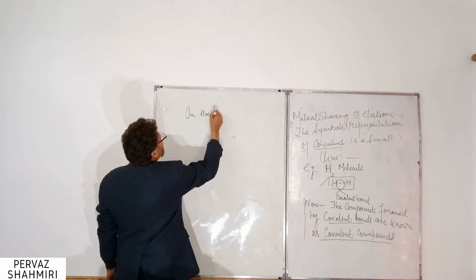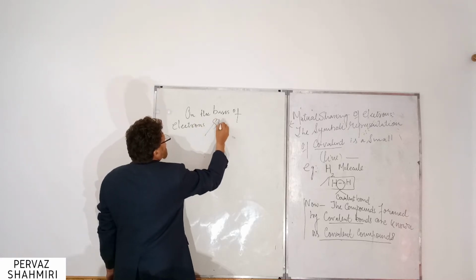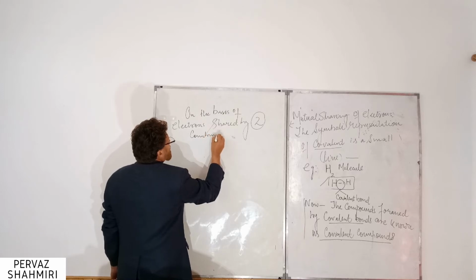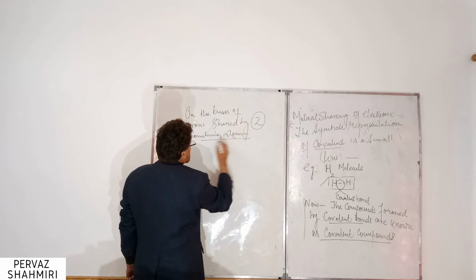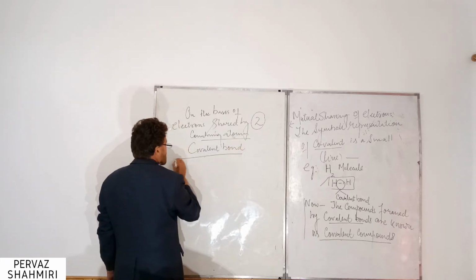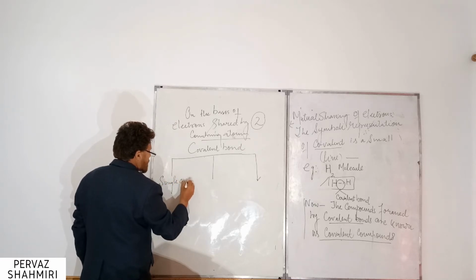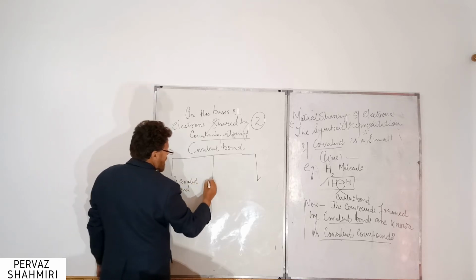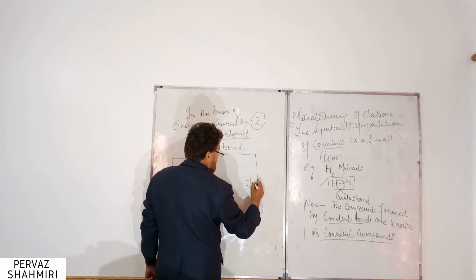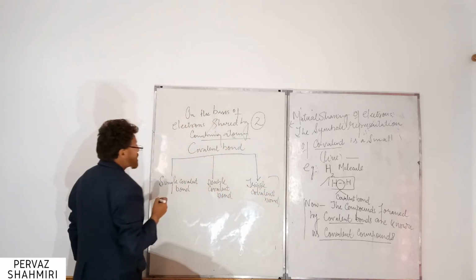On the basis of electrons shared by two combining atoms, covalent bond has three types, and these three types are single covalent bond, double covalent bond, triple covalent bond. These are the three types of the covalent bond.